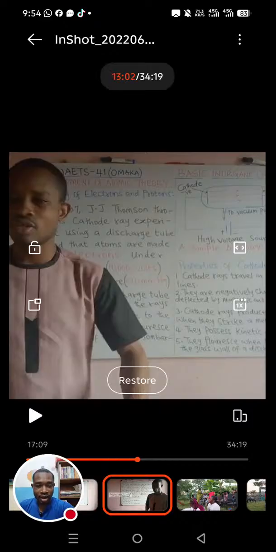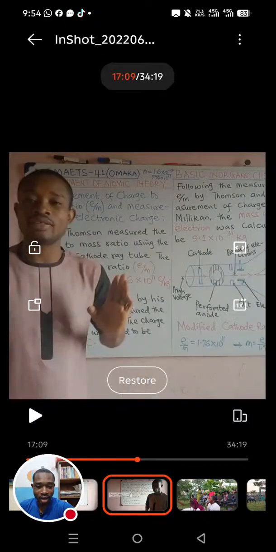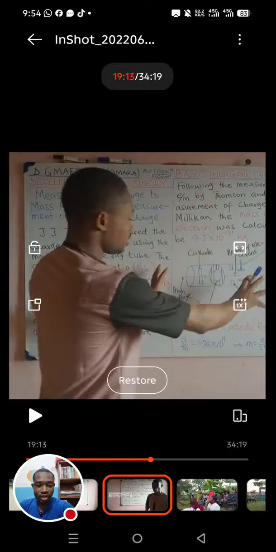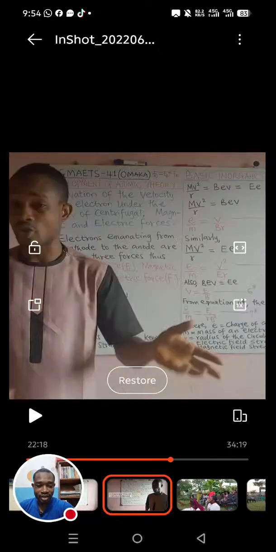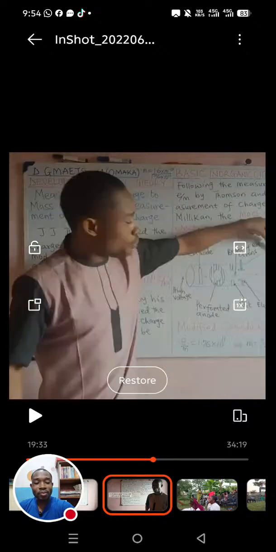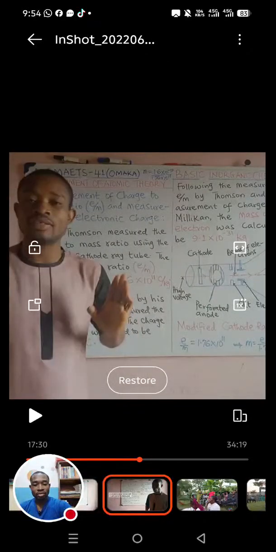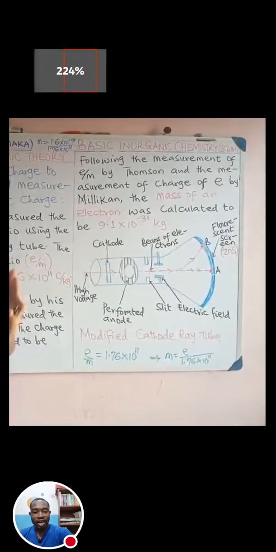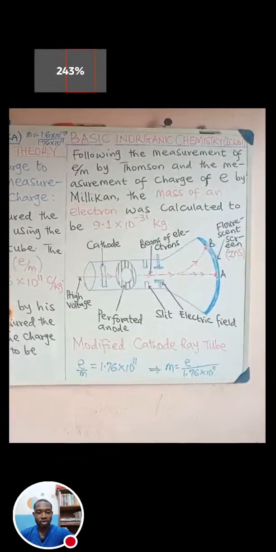He was the one that measured the charge to mass ratio. So you want to take note of that. And through what means did he measure the charge to mass ratio? He used the modified cathode ray tube.